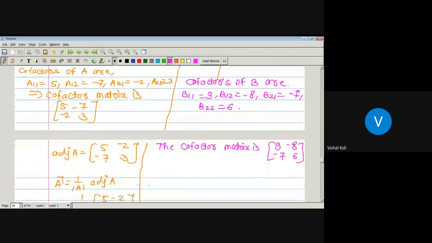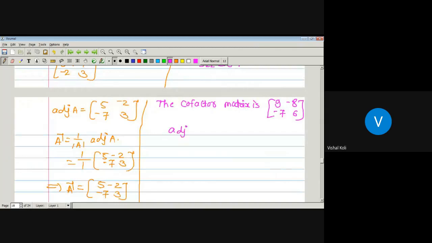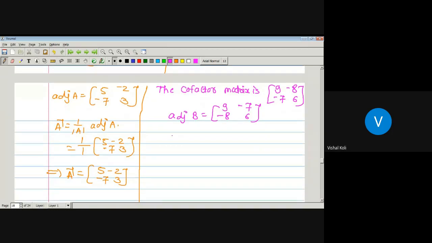Then the adjoint of matrix B becomes [9 -7; -8 6], since adjoint of matrix B means its transpose. So B inverse is equal to 1 upon determinant of B into adjoint of matrix B, which is equal to 1 upon minus 2 into [9 -7; -8 6].